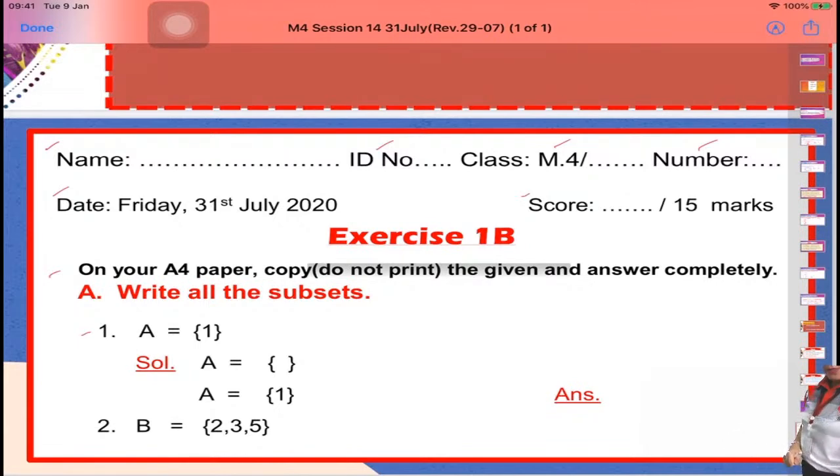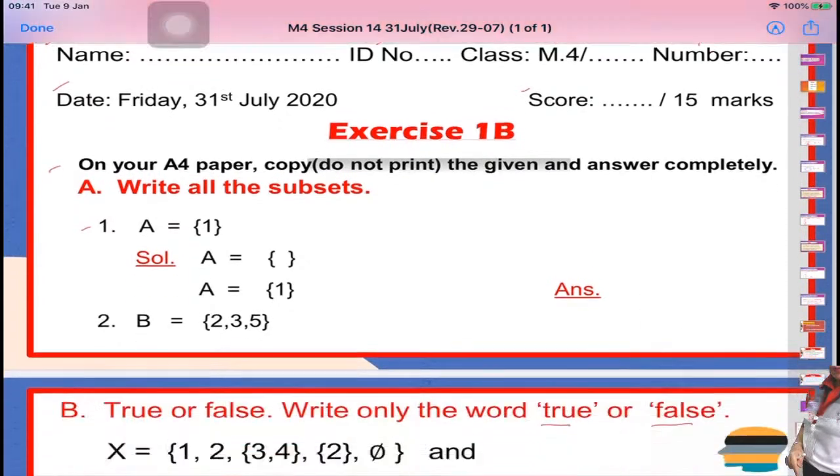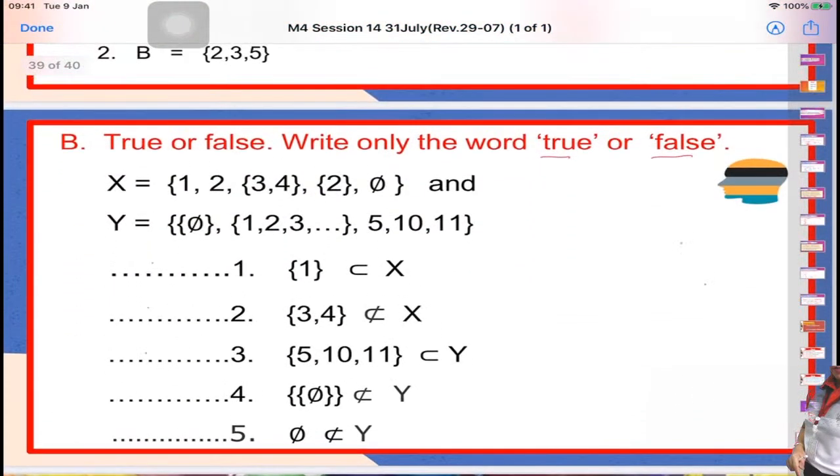The second one is letter B, which is about sets X and Y. 1, 2, 3, 4, and 5. It's easy. Okay, that's it.